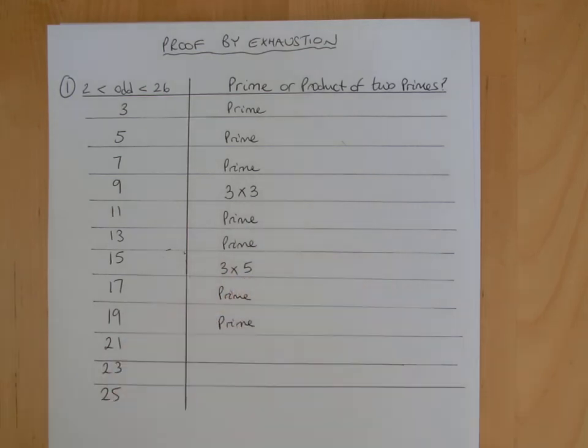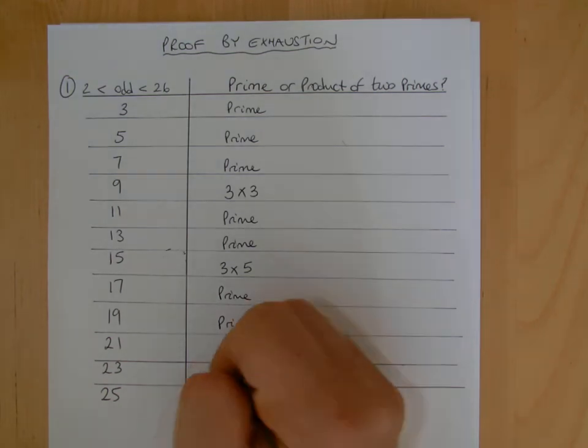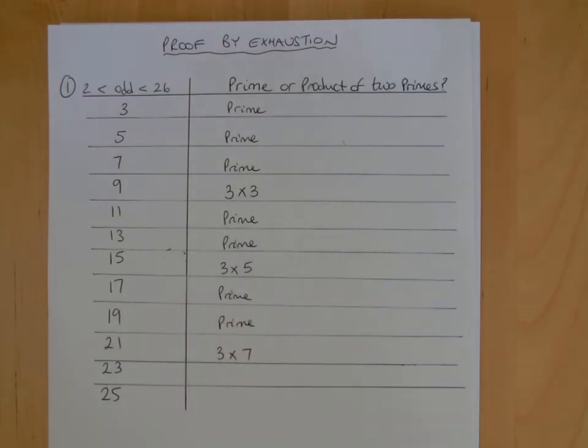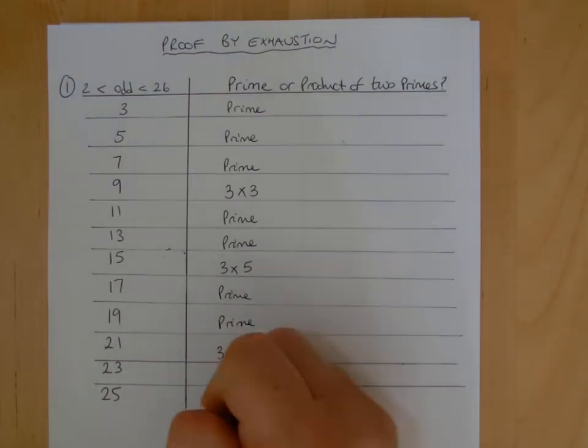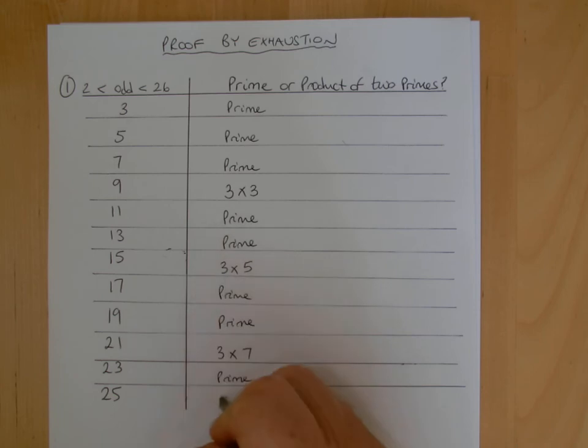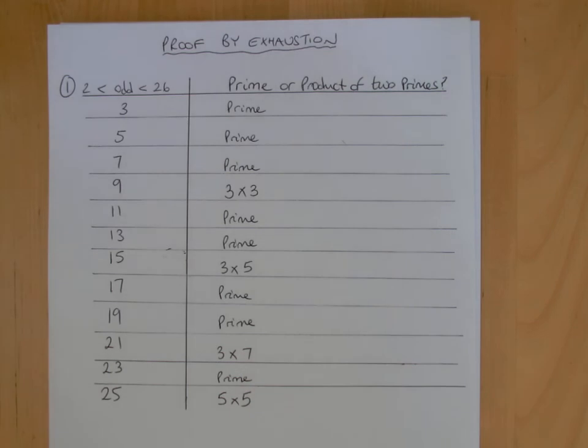Now 21 is not prime, because 3 and 7 are prime factors of 21, but you can do 3 times 7, that gives you 21. 23 is prime. Now 25 is not prime. It only has one prime factor, and that's 5, a bit like 9, isn't it? Because it's a square number and it's got one prime factor, 5. So 5 times 5 will give me 25.